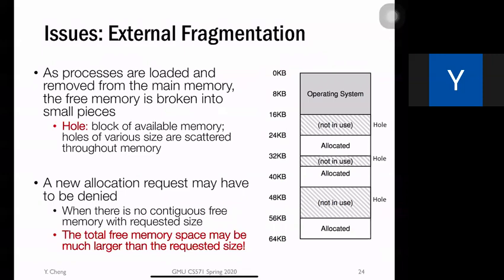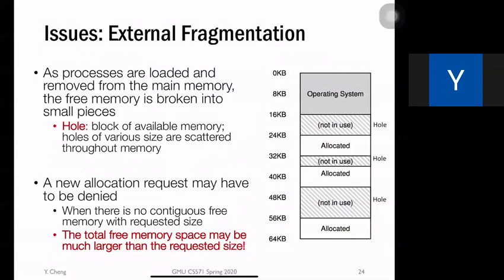Well, as we are talking about a multi-program operating system where there can be multiple processes running concurrently within the operating system, as processes are loaded and removed from the main memory, as processes come and go, the free memory could be broken into many fine-grained small pieces, just as shown in the picture on the right-hand side of the slide.